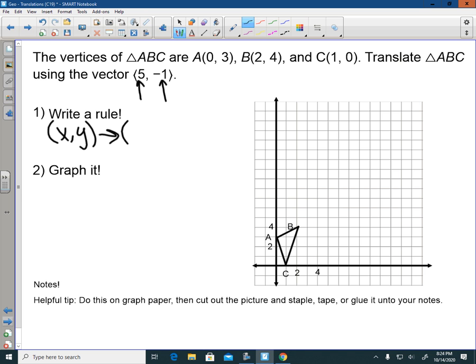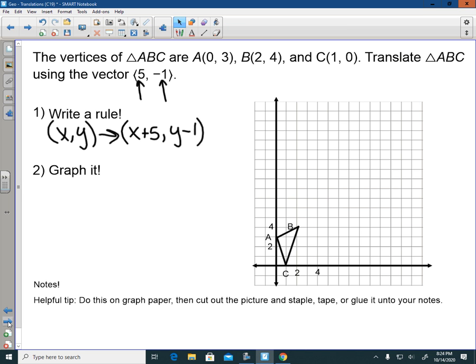And then another parentheses, and then x plus 5 means that we're going to move x 5 places in the positive direction, and then y minus 1 tells us that we're going to move in the y direction 1 place down. So we can take this vector and rewrite it as a rule. Both are saying take your points, move them 5 units to the right and 1 unit down. So now we can use that to graph it.